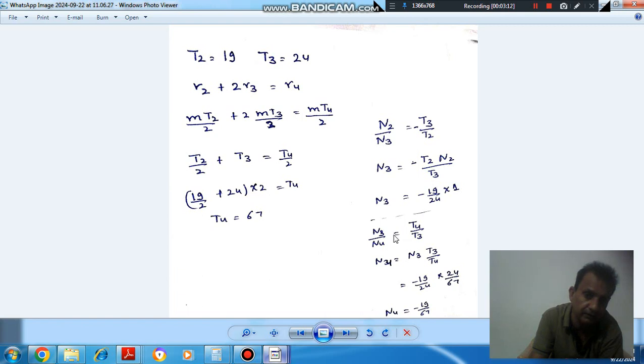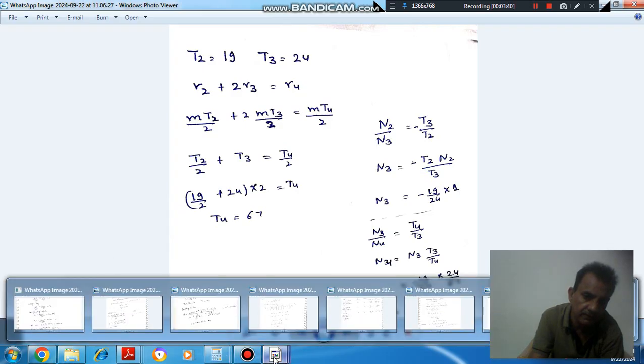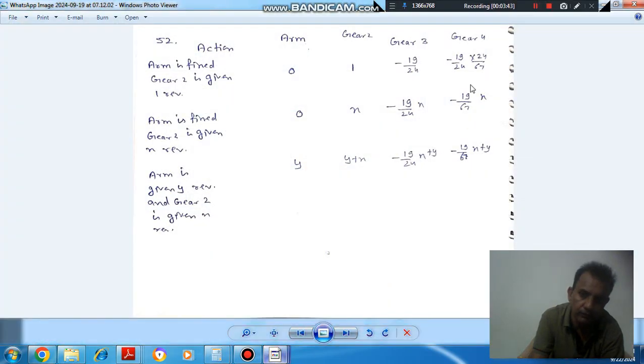Gear 4 is an internal gear and gear 3 is an external gear, so they rotate in the same direction. So N3 and N4 will be in the same sense. N4 will be N3 times T3 by T4, and N3 is this quantity for 1 revolution of gear 2. With T3 as 24 and T4 as 67, N4 comes as minus 19 by 67.